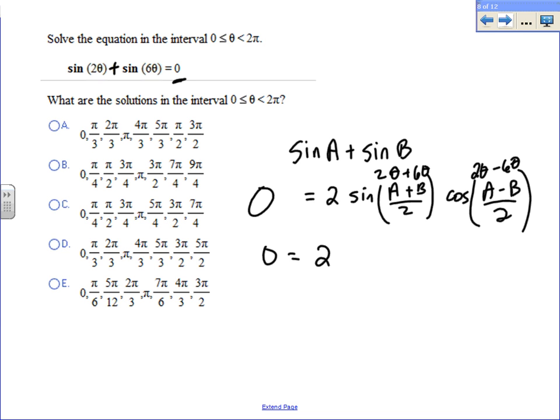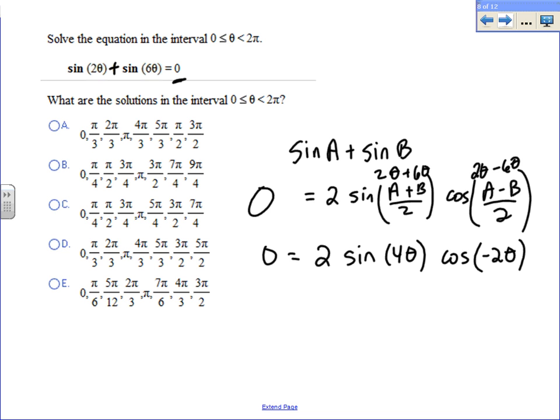This is going to give me 2 times the sine of, 2 theta plus 6 theta would be 8 theta, and then 8 theta over 2 would be 4 theta. Now, on my cosine one, 2 theta minus 6 theta would be negative 4 theta, and then negative 4 theta over 2 would be negative 2 theta. So we'd have cosine of negative 2 theta.